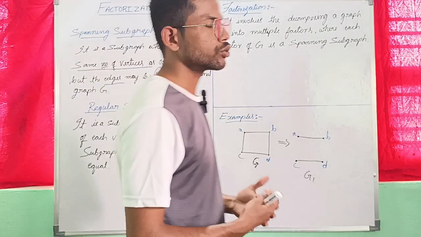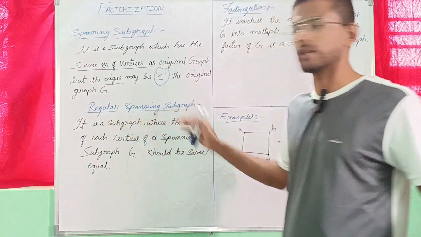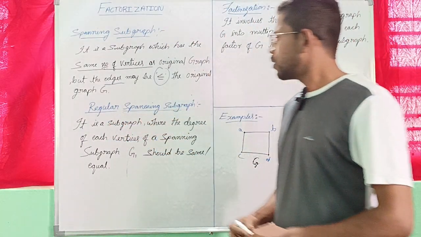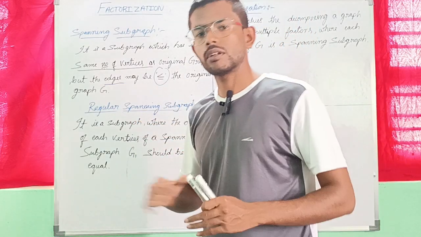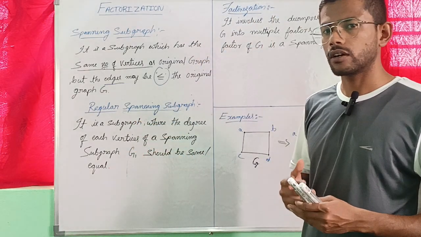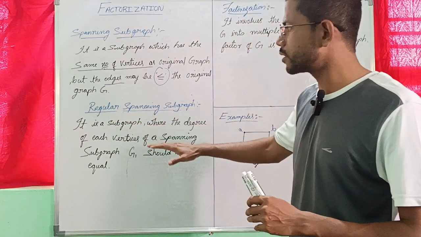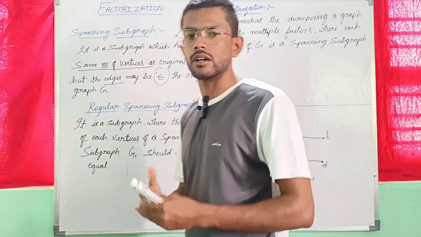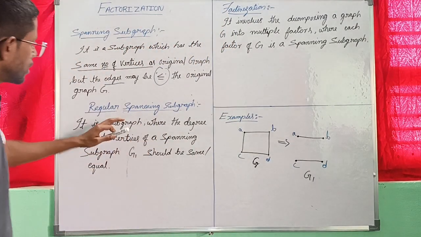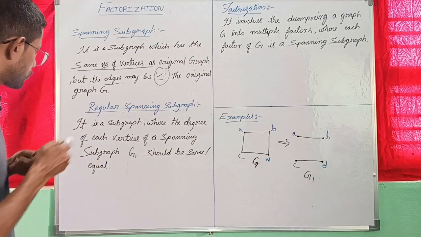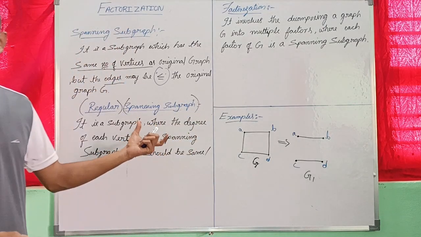Let us move to the next definition, which is the regular spanning subgraph. We can understand this concept by the heading itself. There are two terms here: the first is regular, and the second is spanning subgraph.